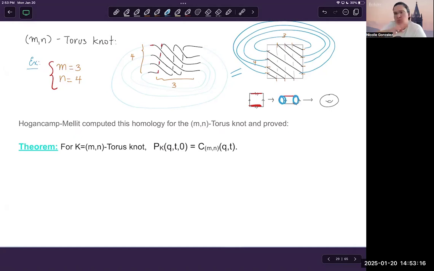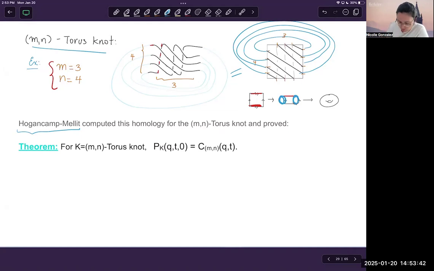Now, how is this relevant to the story at all? Well, this is where the combinatorics comes in. One of the things that was proven by Hogancamp and Mellit is they gave us a way of computing the homology, this Khovanov-Rozansky homology, for this family of M,N torus knots, where M and N are any relatively prime integers.